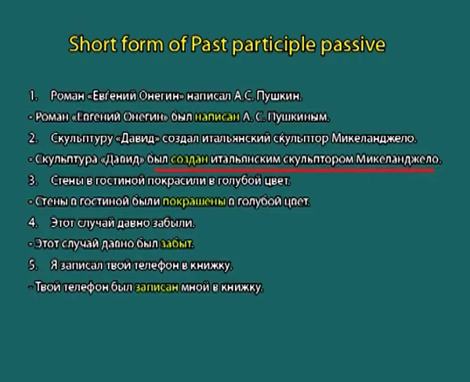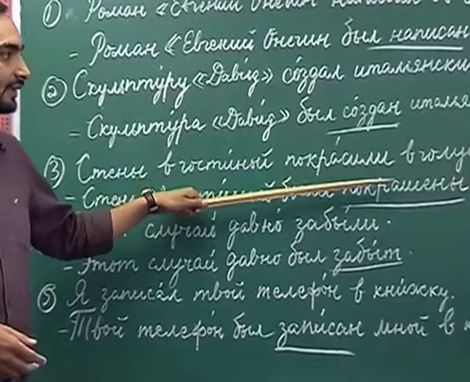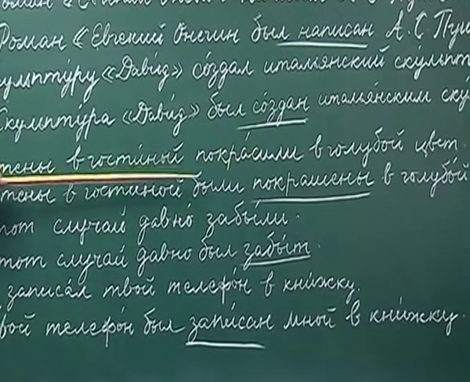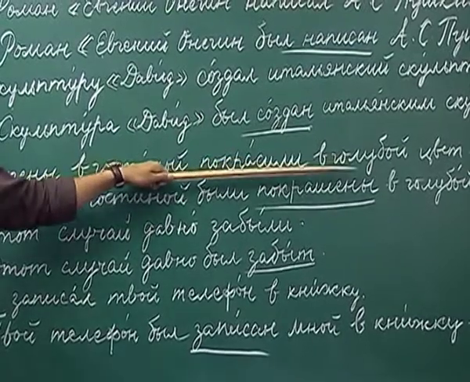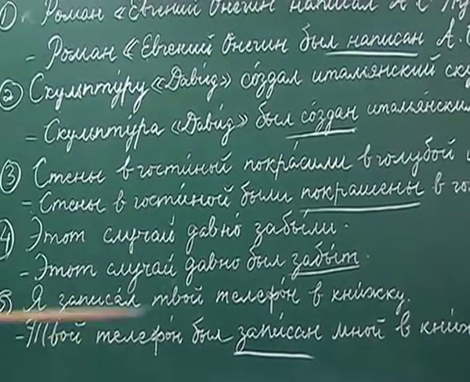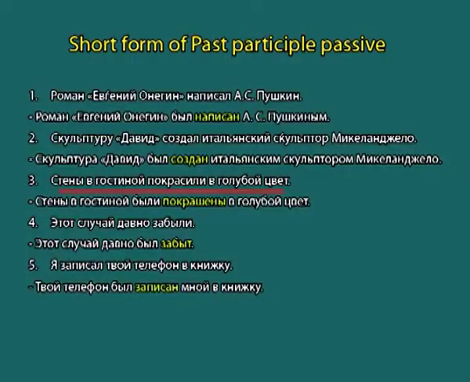The next is Steny gostinoy pokrasili v goluboy tsvet. This is an impersonal sentence. There is no subject mentioned, so the verb is in the third person plural. The walls in the guest room were painted sky blue.